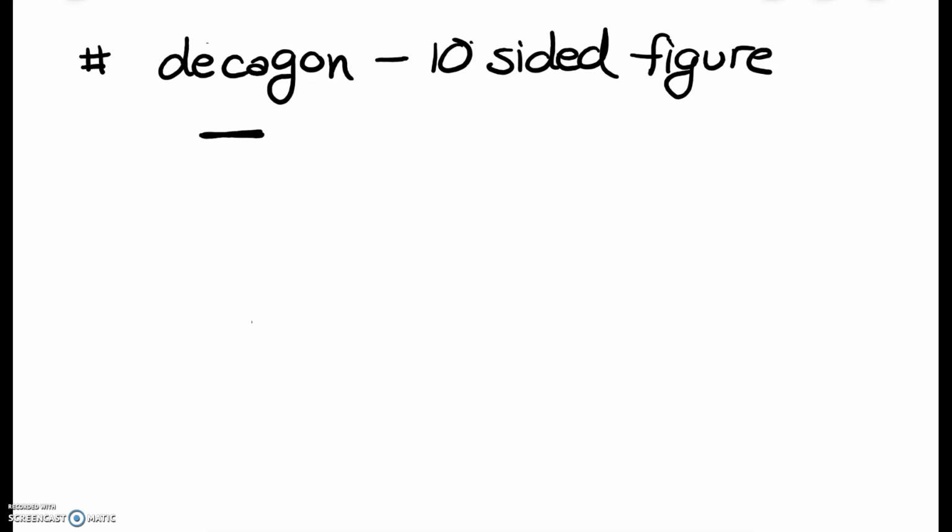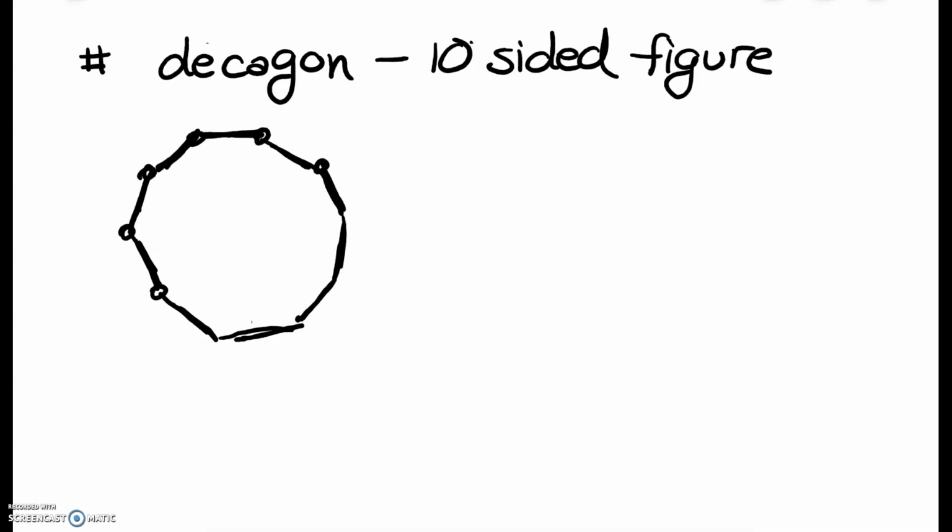I've got one side here, one side here, one here, and so on, ten sides in all. So I've got 1, 2, 3, 4, 5, 6, 7, 8, 9, 10 vertices.